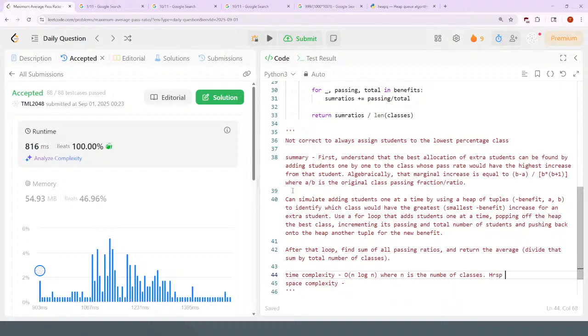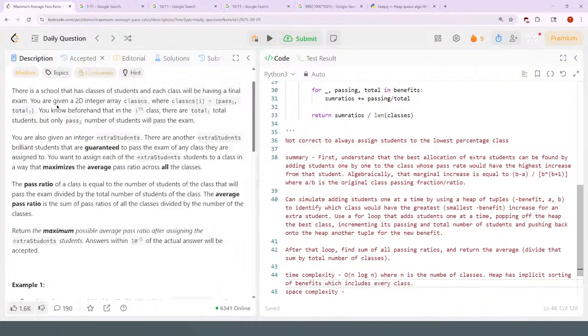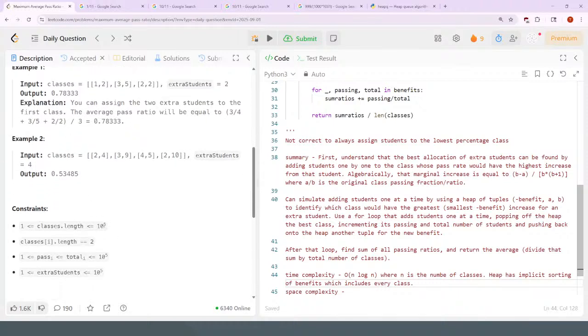The heap has implicit sorting of benefits, which includes every class. N log n is n log n. You are kind of sorting.